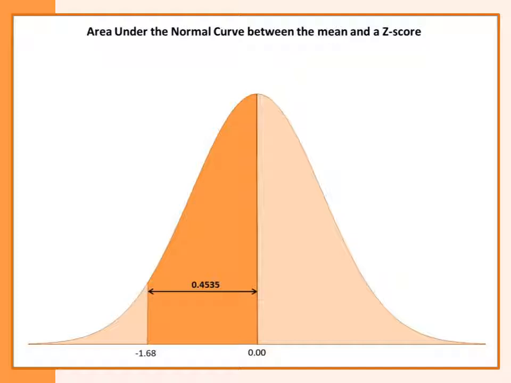Identifying a value of -1.68 falls a fair distance to the left of our mean of 0, and the highlighted area, the darkened portion of the curve, illustrates that 0.4535 proportion of the curve falls between 0 and -1.68, or about 45% of the curve.